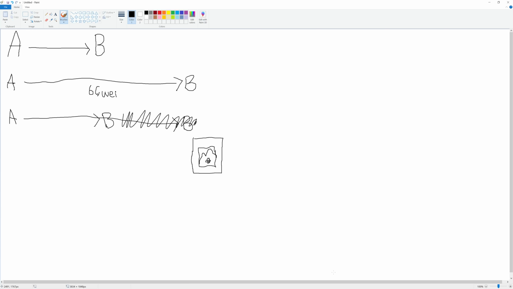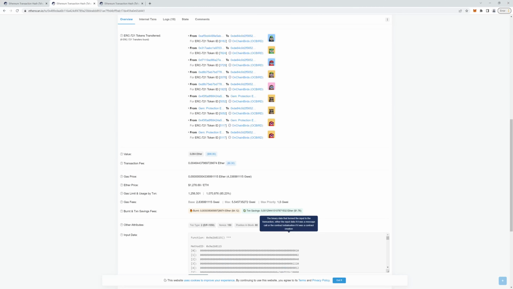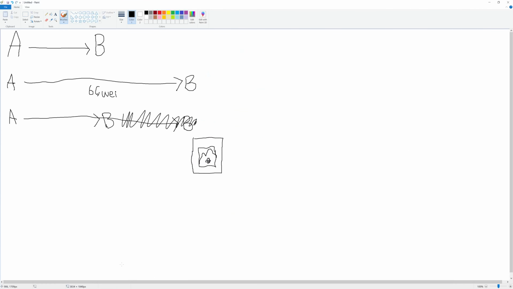And most people don't really think about or care about what goes on behind the scenes. But behind the scenes, all this stuff is happening here, and now you know how the final price is determined.